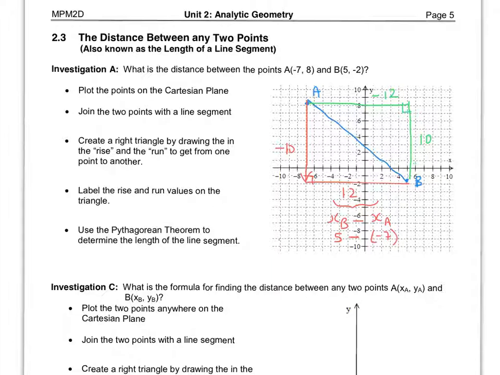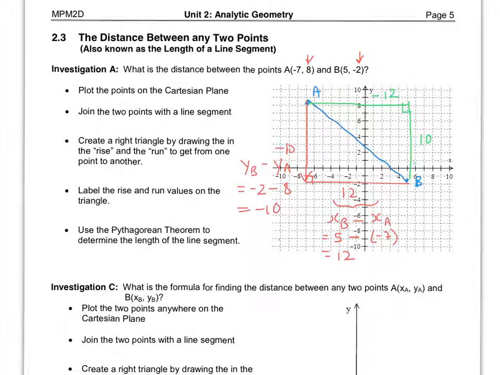So 5 take away negative 7 gives us our positive 12. The negative 10 really is our rise. I'm taking my y-coordinate from point B and subtracting my y-coordinate from point A. So that was negative 2, the y-coordinate from point B, minus my y-coordinate from point A, which is 8. That is where my negative 10, my rise, comes from.